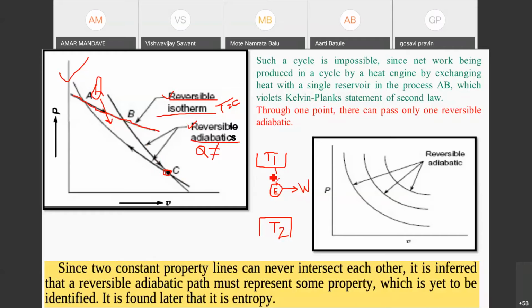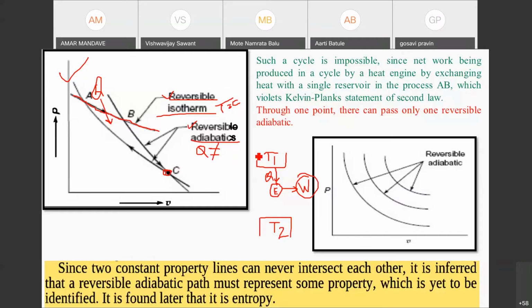That's why whatever heat is added during the reversible isothermal process must be converted into work. Whatever heat is added into the engine must be converted into total useful work, because the other two processes are reversible adiabatic, and for a reversible adiabatic process there is no heat interaction with the surroundings.